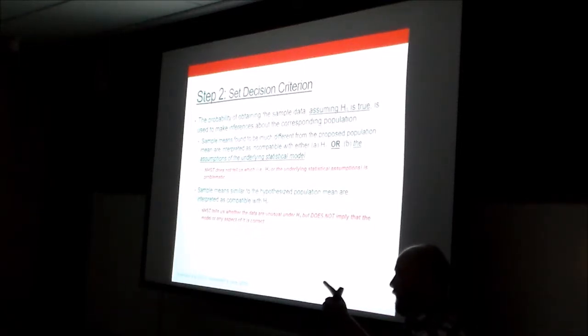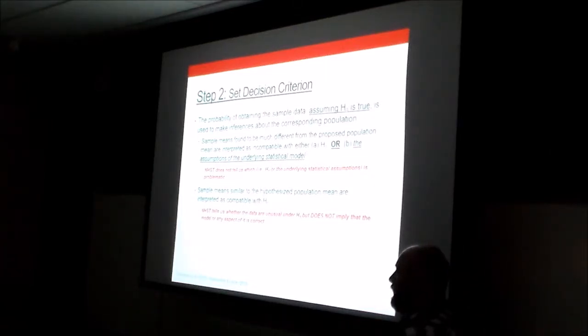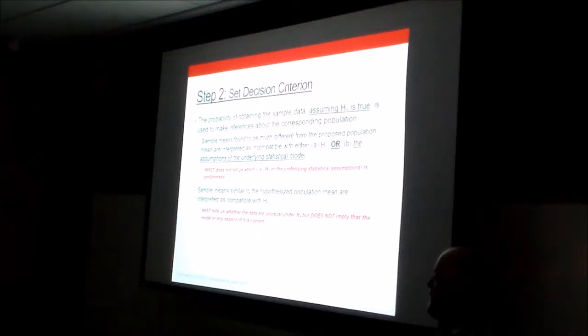But your one hypothesis test never tells you anything about whether or not your theory is true. It just says, given this assumption, these data are either likely or unlikely, right? And that could be because one, the specified null is not a reasonable estimate of the population parameter, or two, I just made a bunch of gross violations and I don't know what I'm doing with my statistics. Okay.